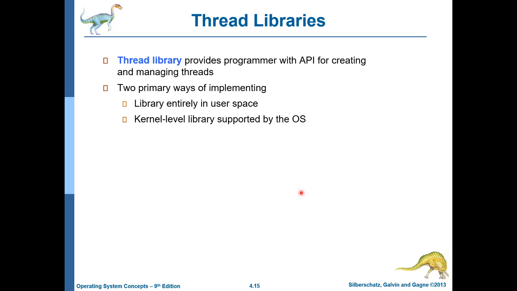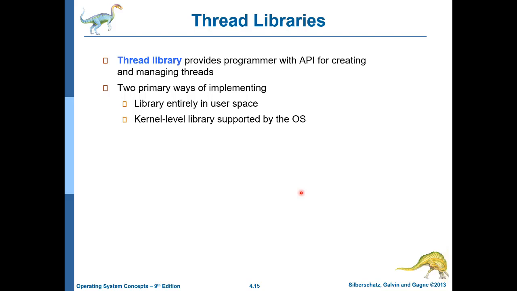For example, system calls in one operating system can have different APIs in different languages. Similarly, a thread library is an API for creating and managing threads for different programming languages.